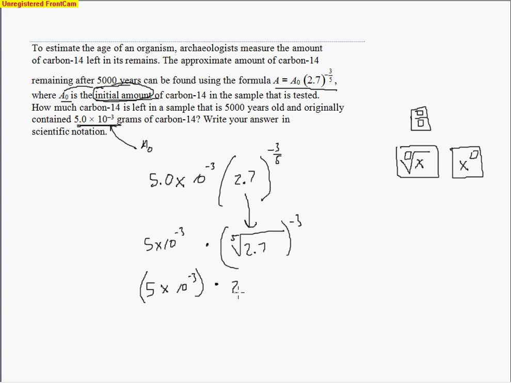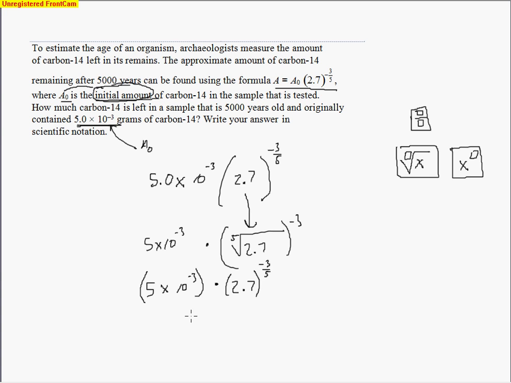Then I entered 2.7, put that in parentheses, and then entered an exponent button that gave me a little area to enter an exponent. But I didn't want to enter an integer, I wanted to enter a fraction. So I pressed this button, and that allowed me to enter negative 3/5.